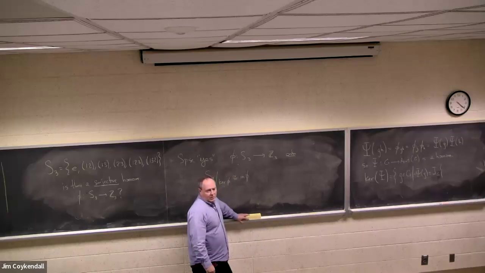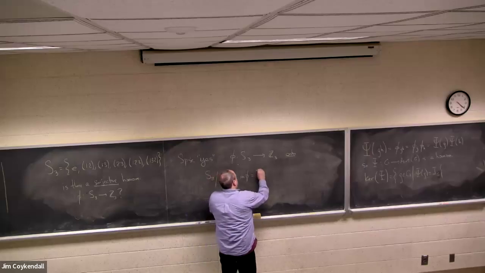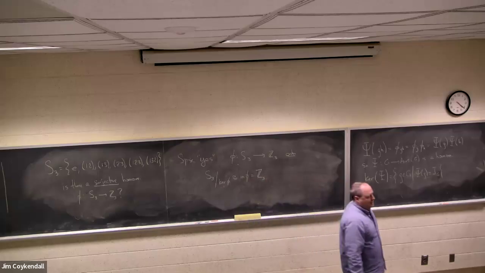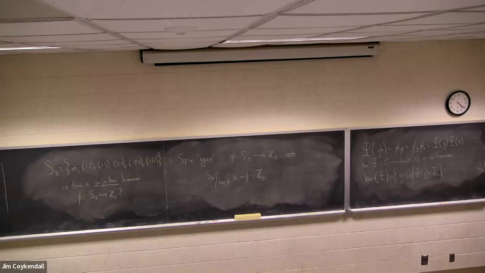But if it's onto, what's the image of phi? Should be all of Z3. Agree? Somebody explain to me why this is possible.